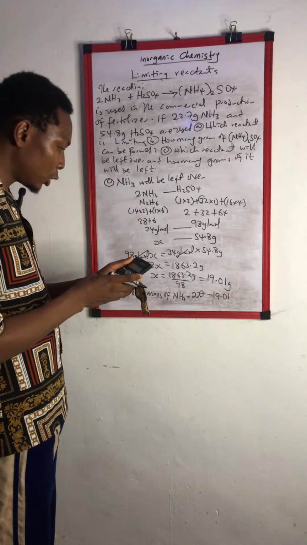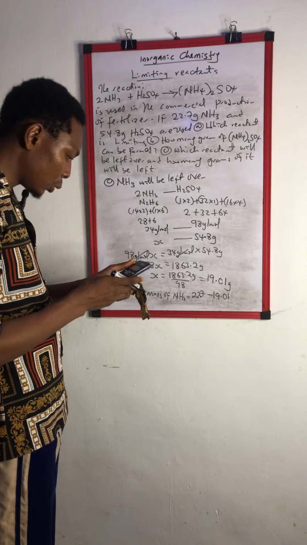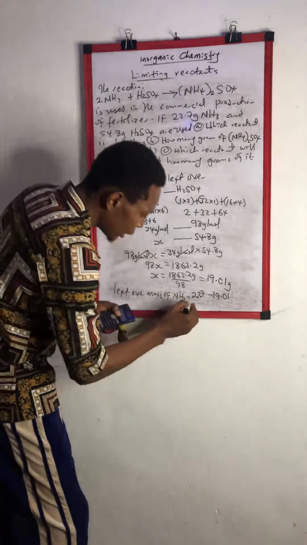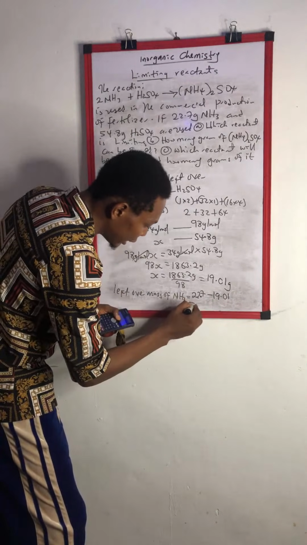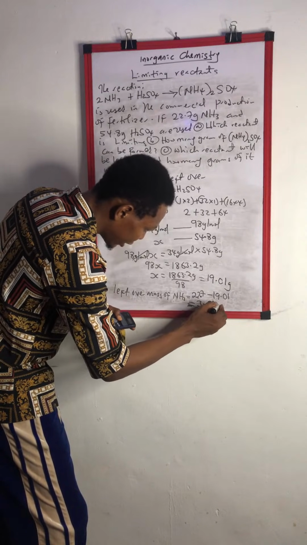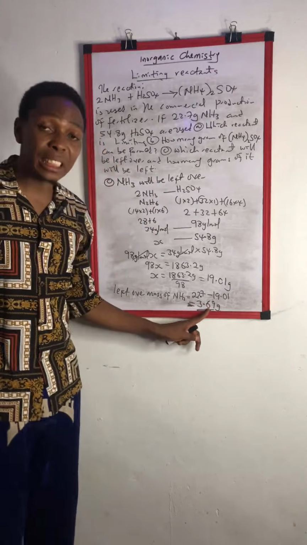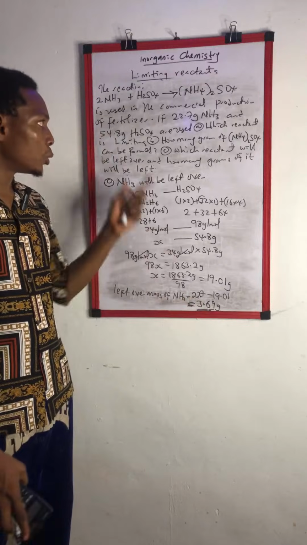So 22.7 minus 19.01 is going to give us 3.69. So our final answer there is 3.69 grams. So that means the leftover mass now is 3.69 grams. So you can copy this.